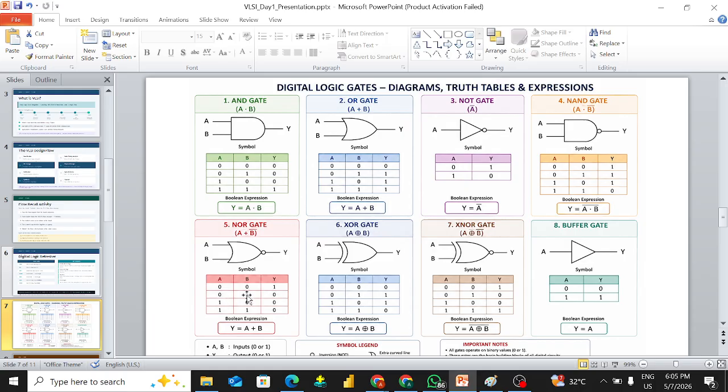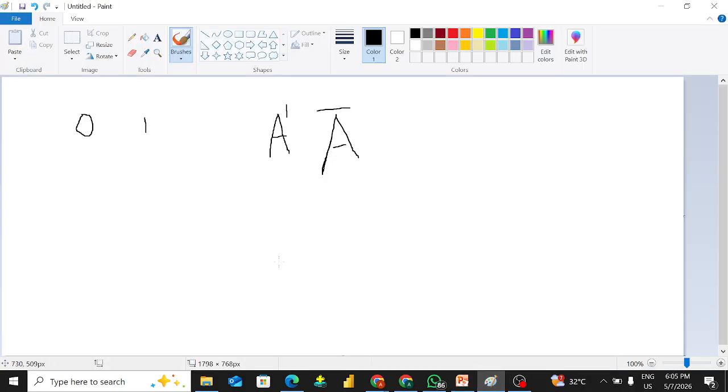Here also for 0 1, in the OR gate, if any one of the inputs is 1, then it shows dominance over the other input, so the output becomes 1. But inside the NOR gate we also have a NOT gate, which inverts the output from the OR gate. It does not invert directly from A and B, it just inverts the output from the OR gate.